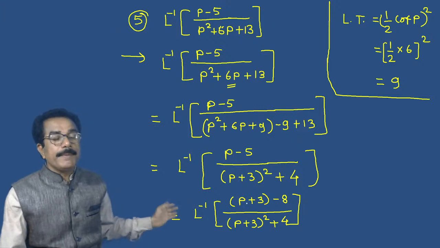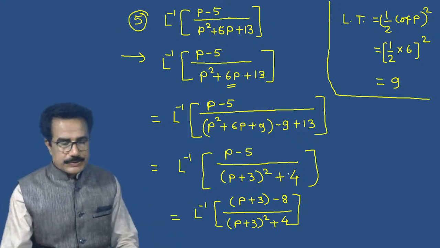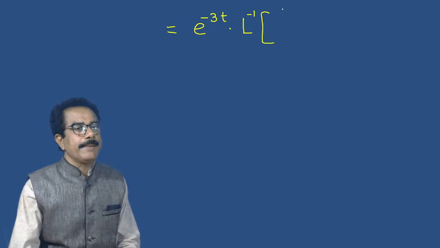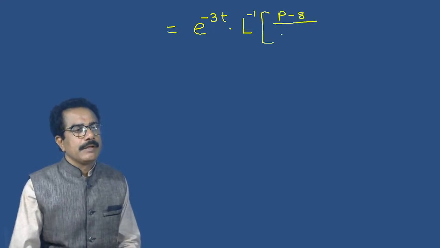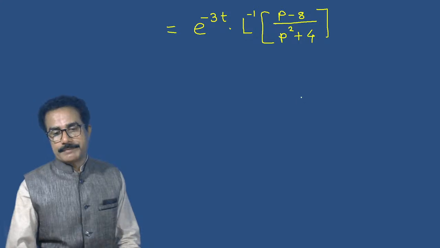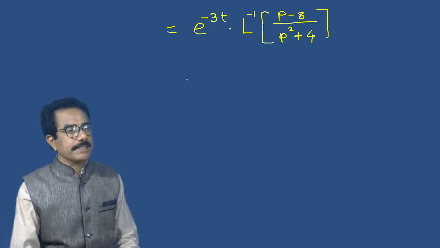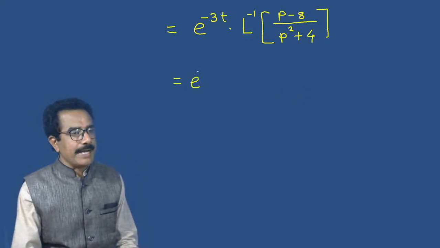Again, the inverse Laplace transform of which term do we have to use? We have shifted p plus 3 into p. So p minus 8 divided by p square plus 4. This is the shifting; we have used that shifting term. So e raised to minus 3t.